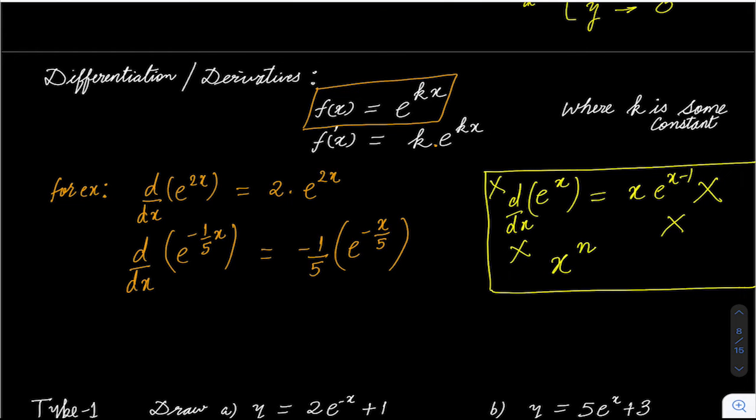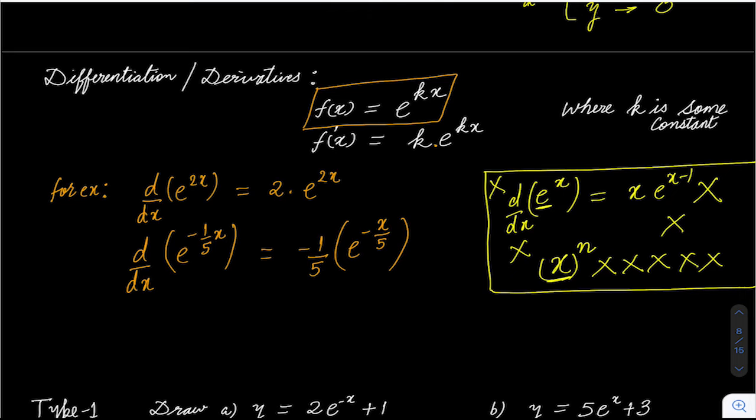In a polynomial function, the variable x is in the base and the power is some number. Here it is opposite. The base is some number and the power is x. So these are very different functions. So don't use the polynomial derivative formula for e power x.